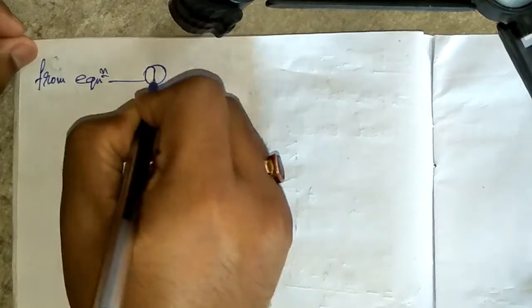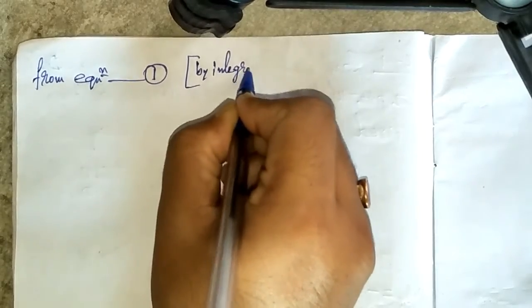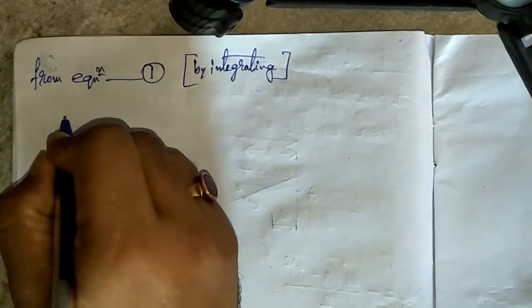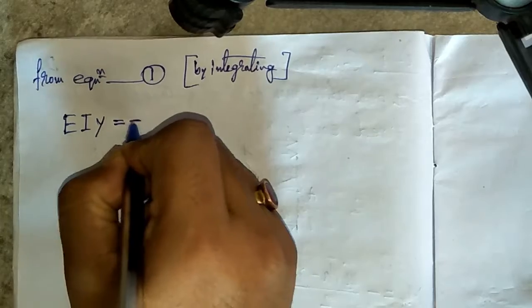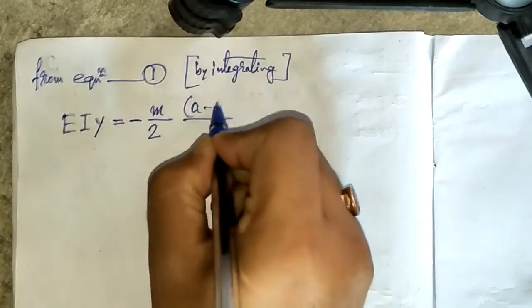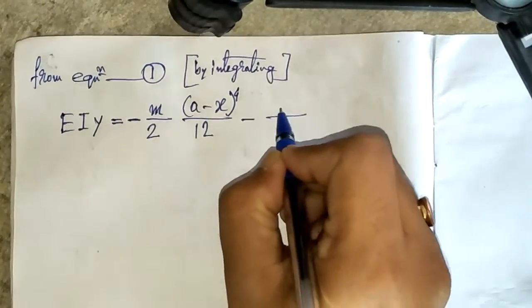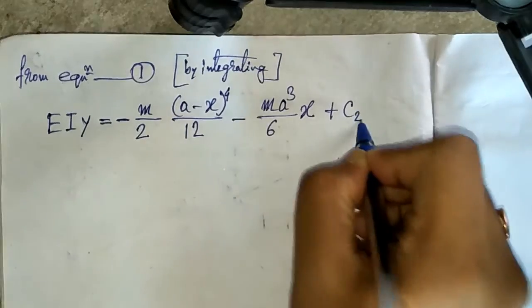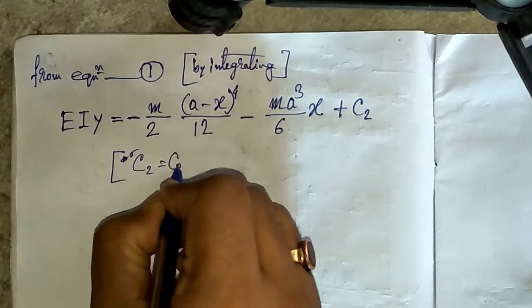By integrating equation number 1, we get EI into y is equals to minus M by 2 into (a minus x) to the power 4 by 12 minus M a cube by 6 into x, plus c2, where c2 is the integrating constant.